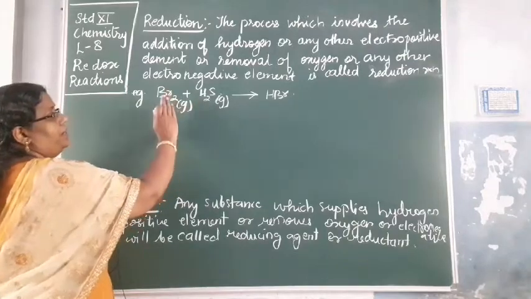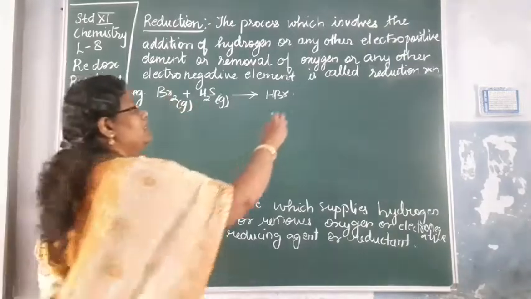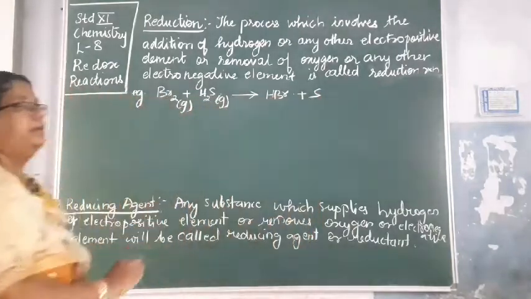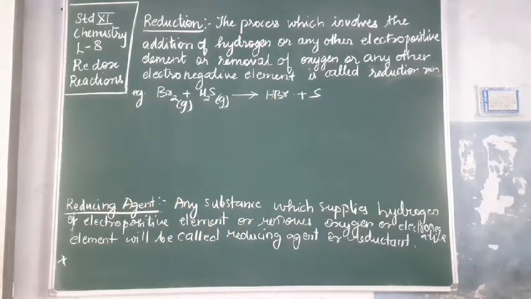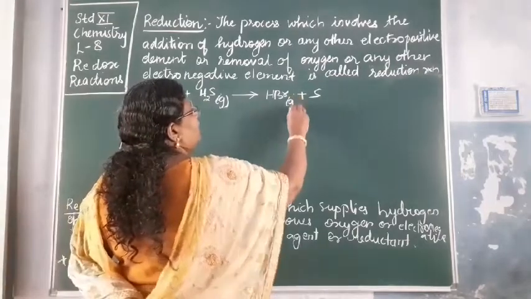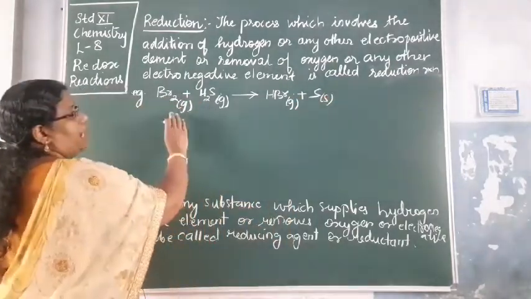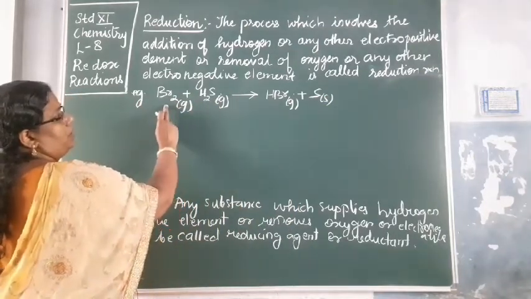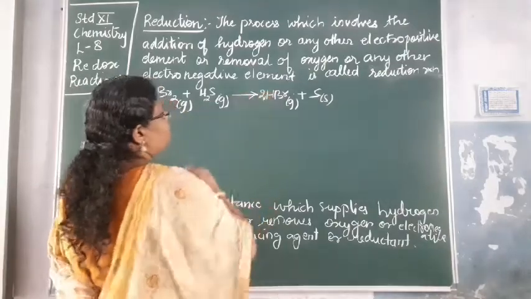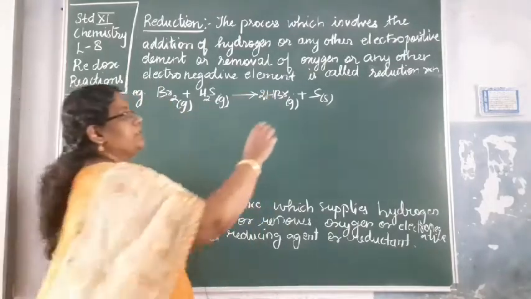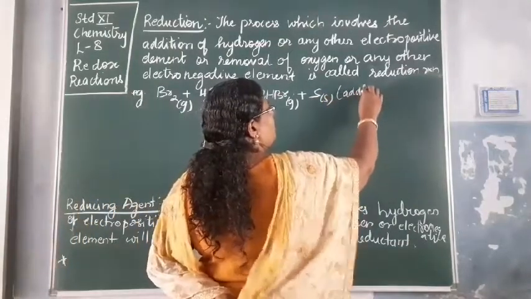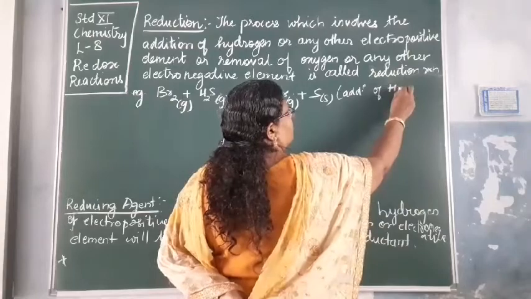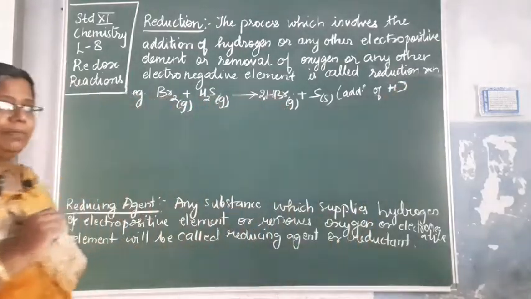You have added hydrogen to bromine plus S. Okay, so you have added hydrogen to bromine giving you HBr. ठीक है, तो यहाँ पे the reaction is showing you addition of hydrogen. ठीक है, balanced है कि नहीं देखो, 2 hydrogen 2 Br है, मतलब here I should have 2 HBr. So in this process what is happening? It is addition of hydrogen. Addition of hydrogen is taking place.